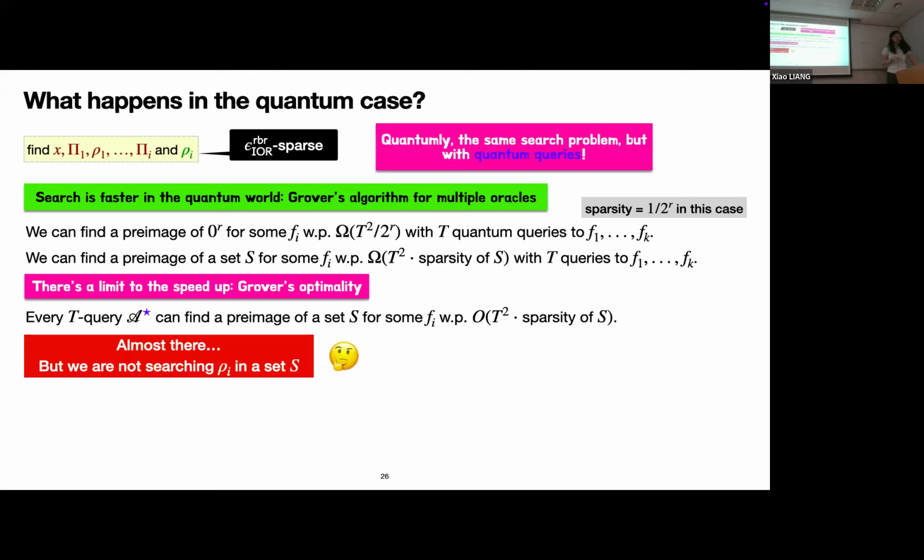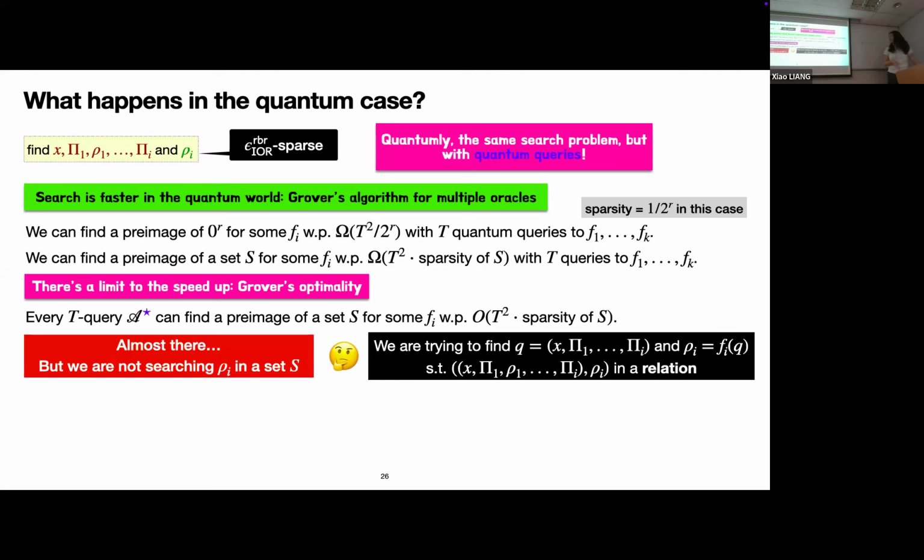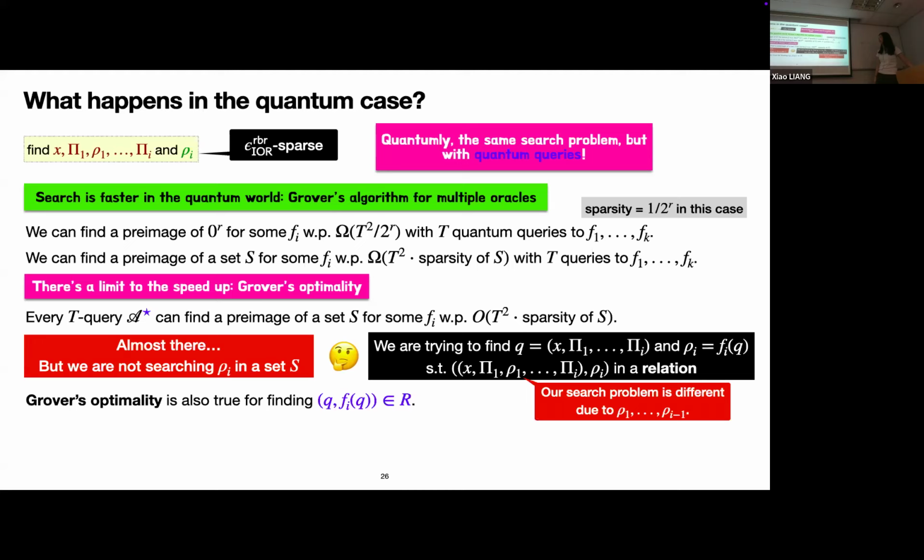So now coming back to our problem, we're actually not exactly searching for a row i in a set, as in the usual version of Grover's algorithm. We're trying to find some Q and Fi of Q such that this whole partial transcript is in a relation. And actually Grover's optimality is also true for finding something in a relation.